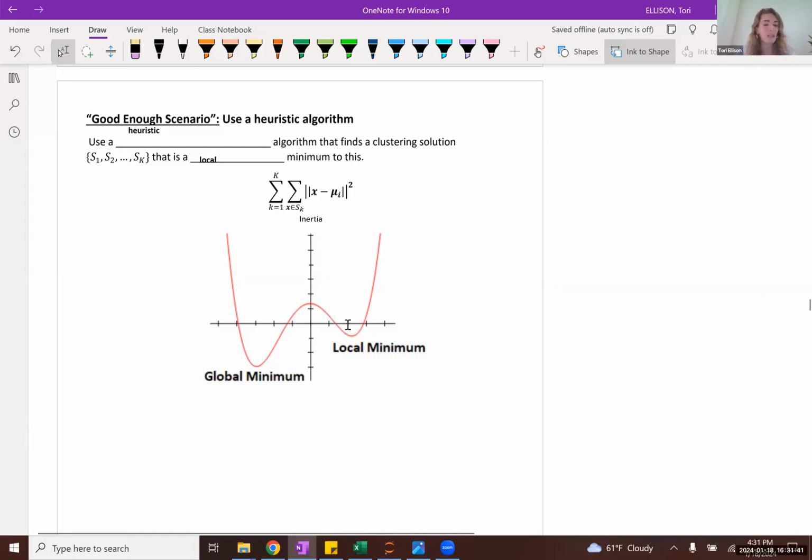But that doesn't necessarily mean that the solution the algorithm arrives at will be the global minimum, but it will be a local minimum. Now, usually the local minimum tends to provide relatively good enough solutions, so we tend to be okay with the fact that it's not guaranteed to give us the global minimum solution. Okay. Any questions on that?